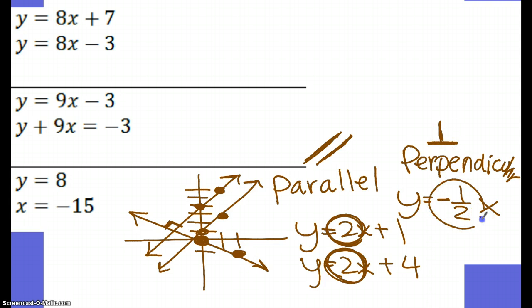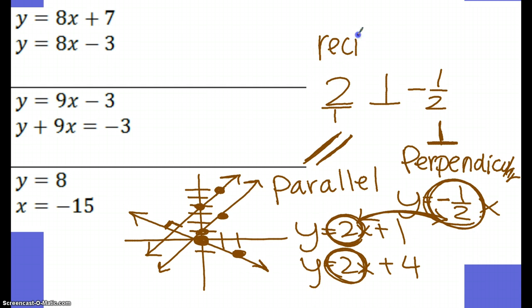So if you look at the slope for perpendicular, you'll notice that the slope of 2 and the slope of negative 1/2, those 2 lines are perpendicular. So what happens is if you put a 1 under the bottom of 2, it's the reciprocal, the fraction gets flipped.